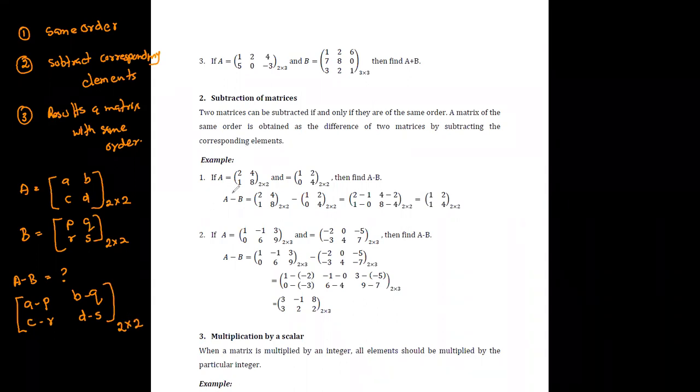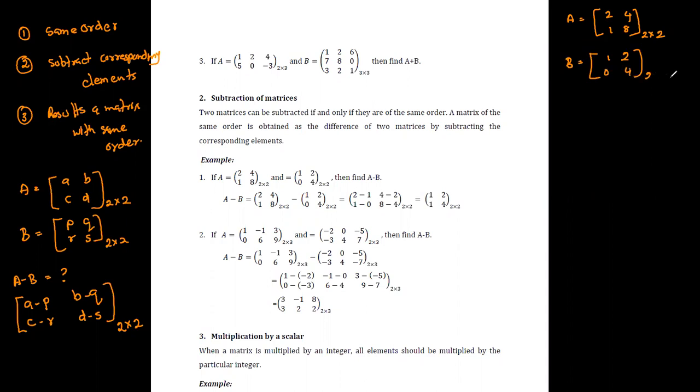Looking at a numeric example for this, let A be the matrix 2, 8, 2, 4, 1 and 8, a 2 by 2 matrix. Matrix B is given as 1, 2, 0, 4, another 2 by 2 matrix.